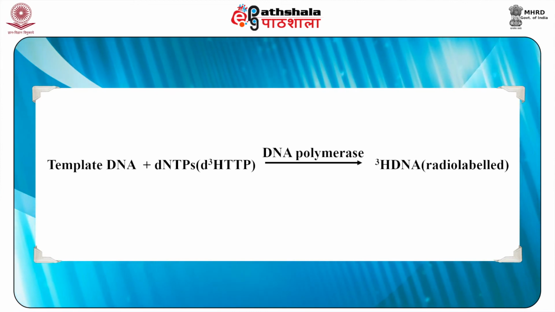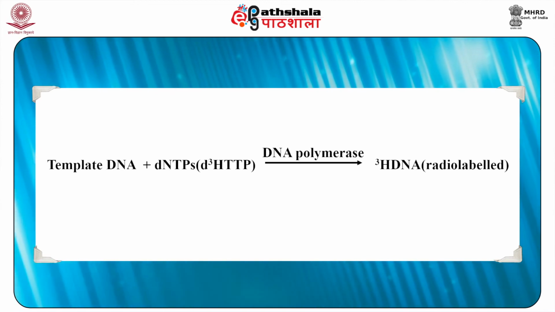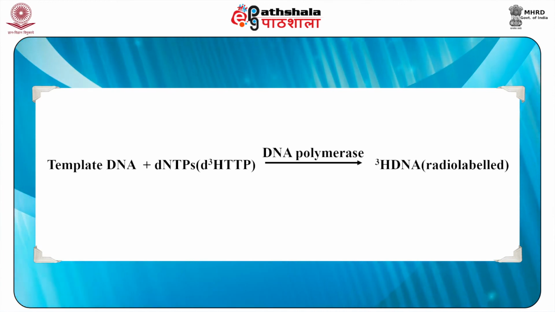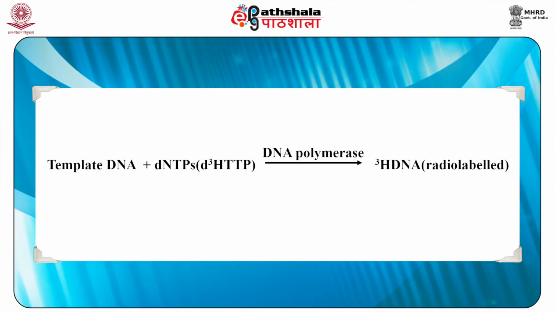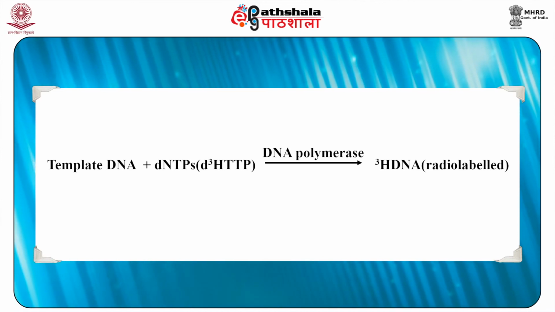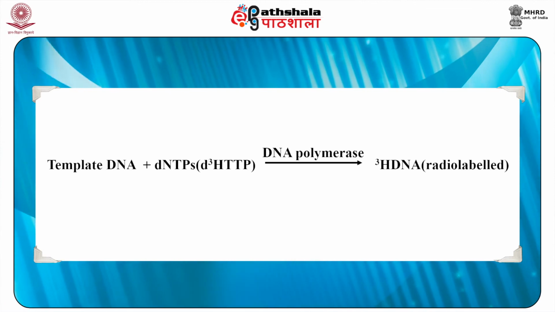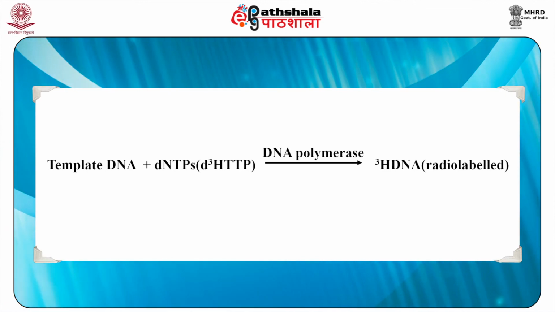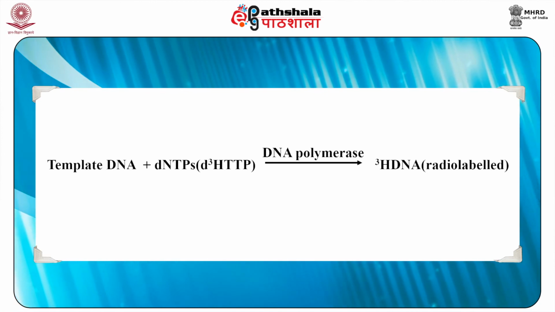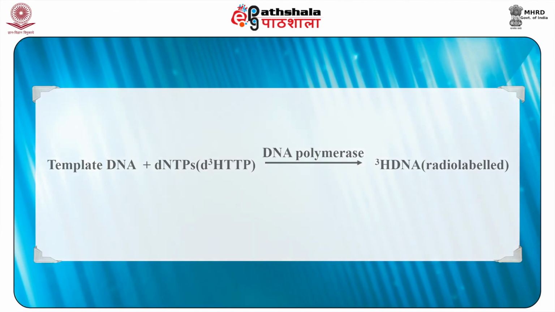The reaction is as template DNA plus deoxy-NTPs, including one of the NTPs which is tritium labeled deoxy-TTP. The enzyme DNA polymerase then strings these together to give rise to DNA, which is now radiolabeled.